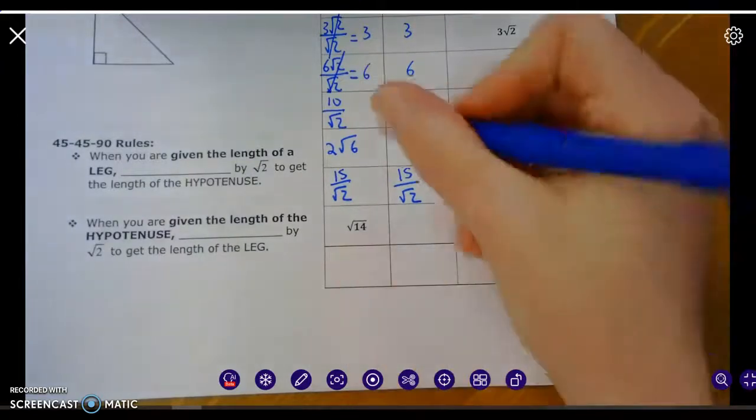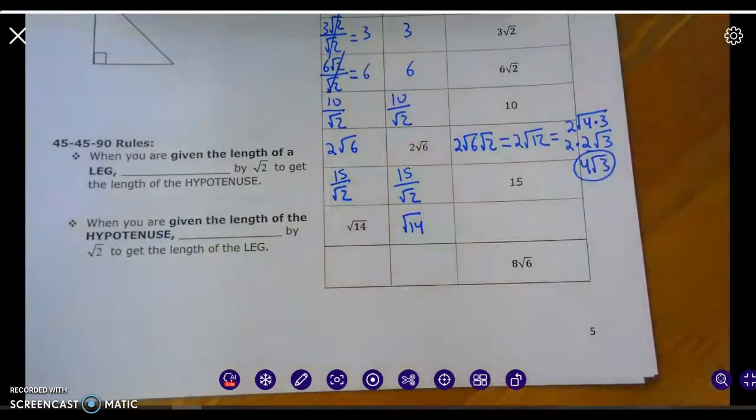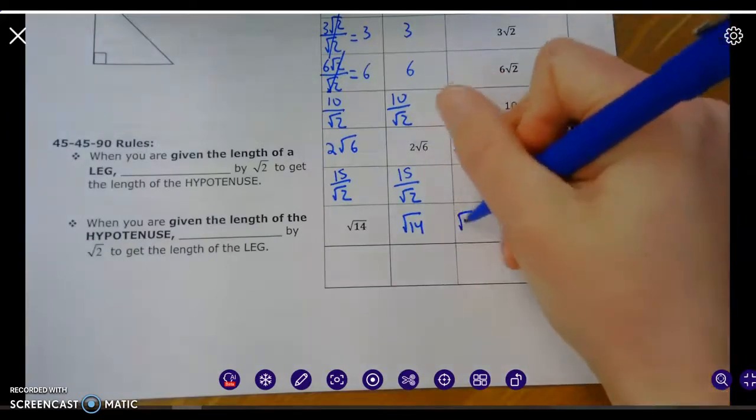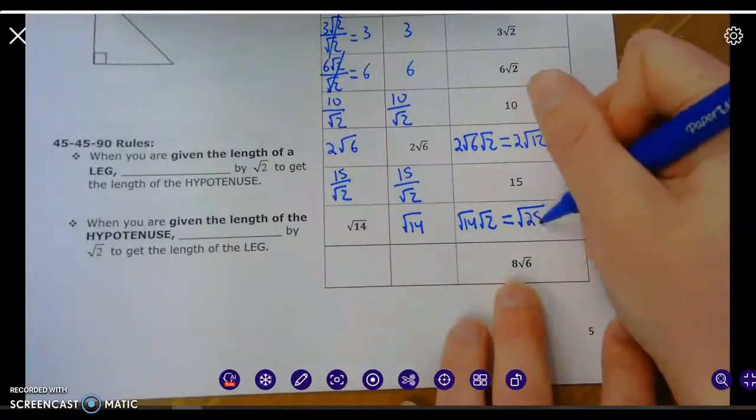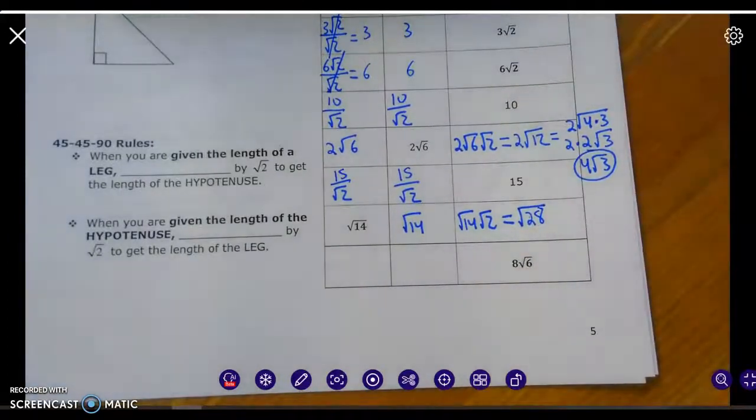Okay, we got square root of 14. I'm going to go ahead and copy that onto my other leg. Okay, so we take that square root of 14, multiply by square root of 2. And we're going to simplify. So 14 times 2 is 28. Okay, are there any perfect squares we can divide out of 28?